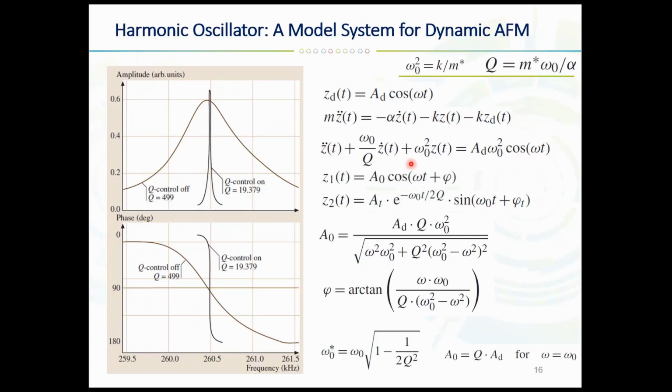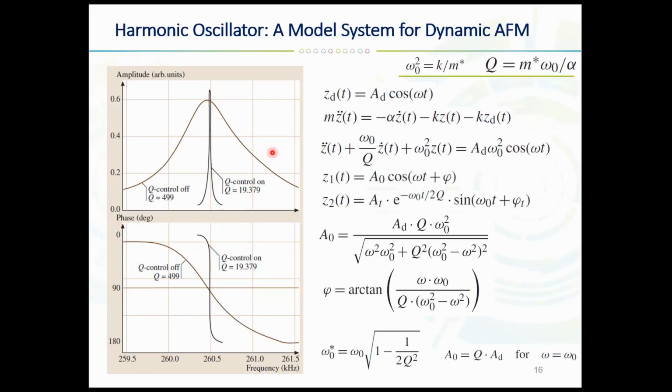For example, when we start from rest and switch on the piezo excitation at time 0, the amplitude will increase from 0 to the final magnitude here, and will reach a steady state where the amplitude, phase, and frequency of the oscillation are constant over time.